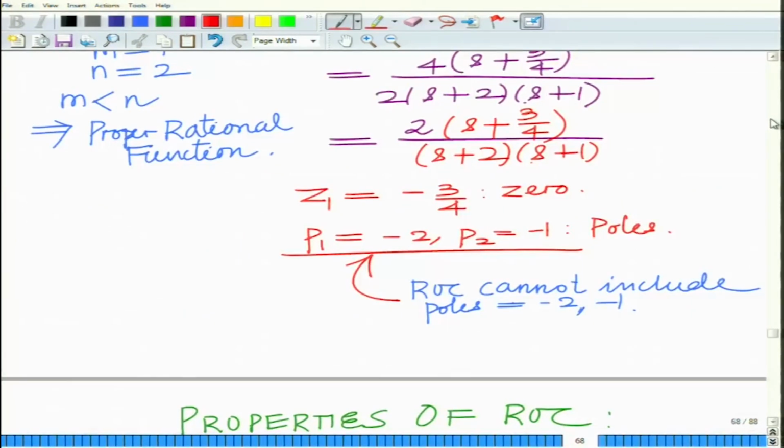Remember, when m is less than n, this is known as a proper rational function.